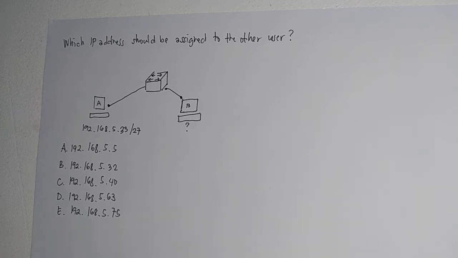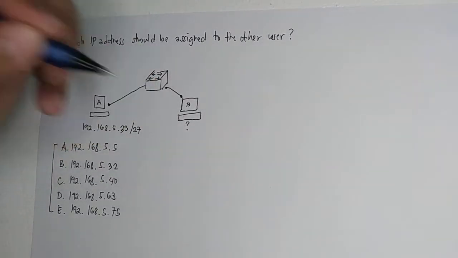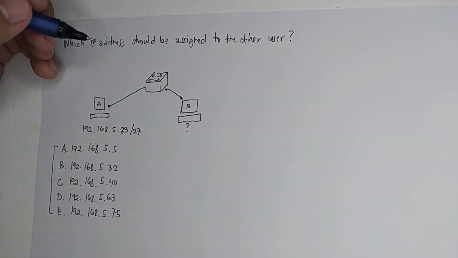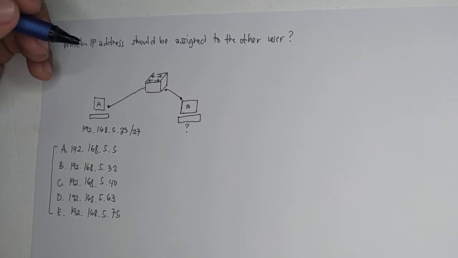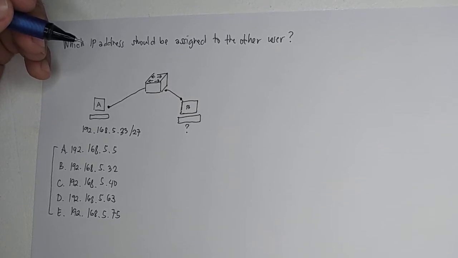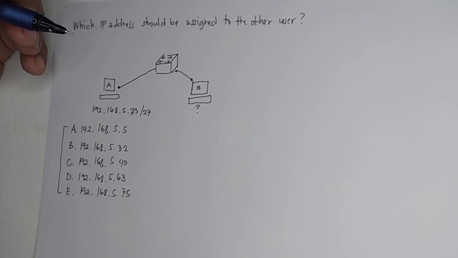We know that the given address is a /27. Which do you think among the given addresses should be assigned to computer B? Any guess? Alright, so this is one example question in our Cisco exam. Let us try to resolve this.